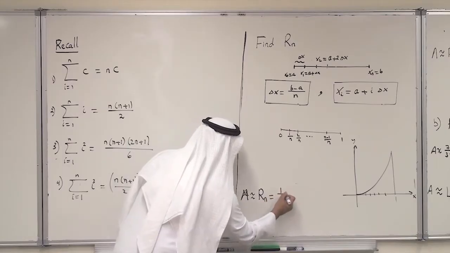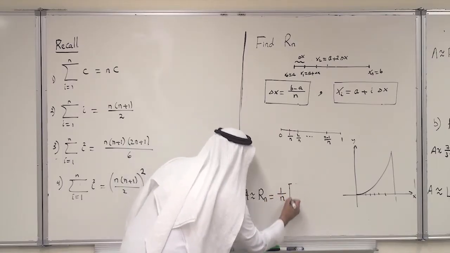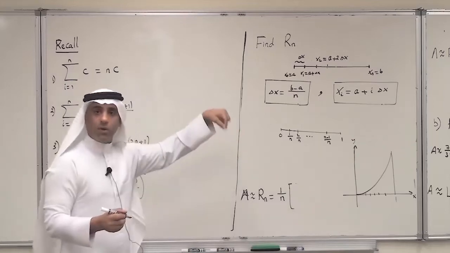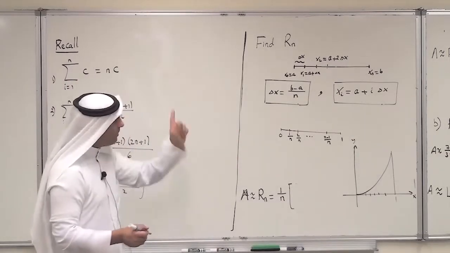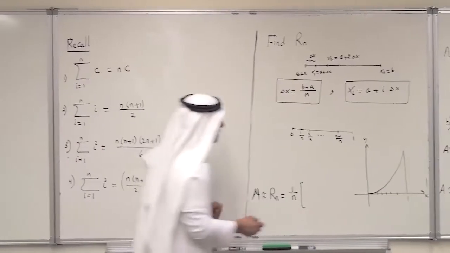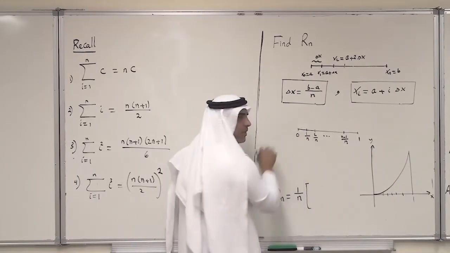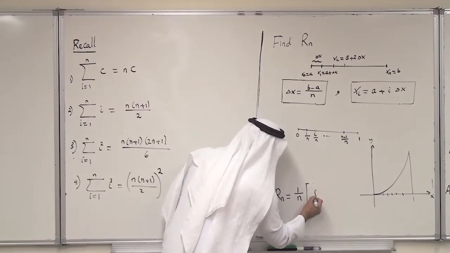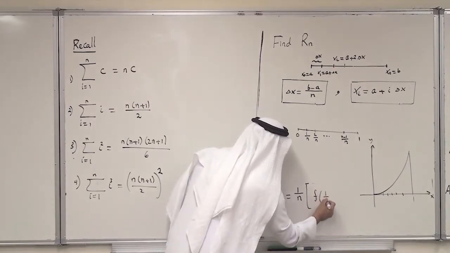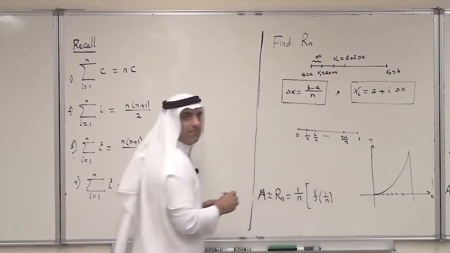Now, the width is 1 over n. The width of each sub-interval is 1 over n. What about the height of the rectangles? For the first one, I chose it to be the image at the last point. So that is f of 1 over n, something like this.